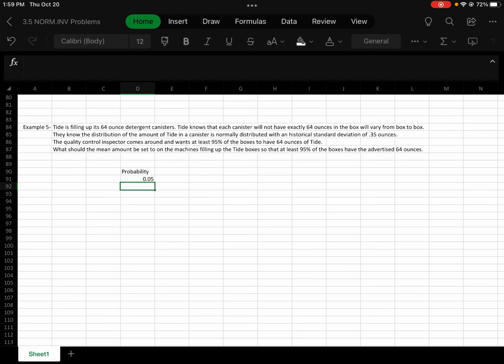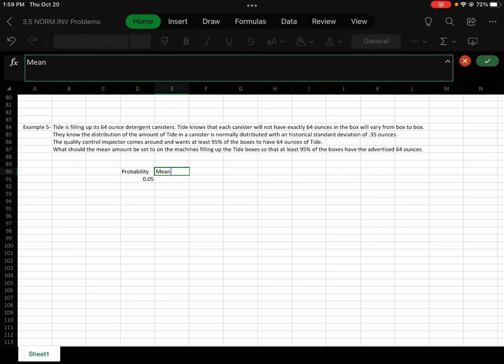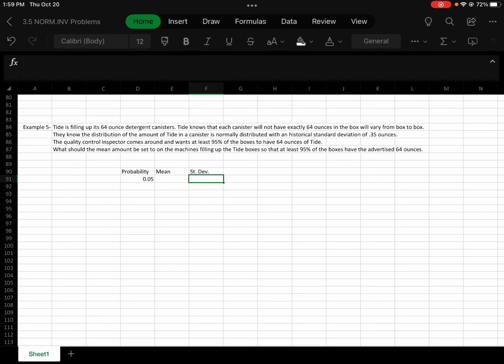Okay? The reason I can't do this in the traditional sense is because I don't have the mean. Normally we would be given the mean and the standard deviation, and I'd be able to find this.